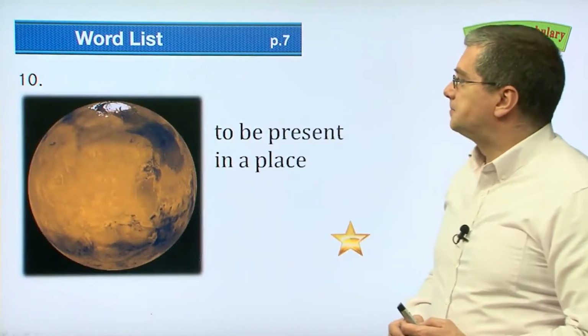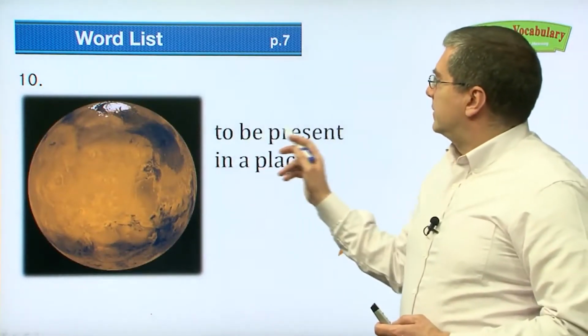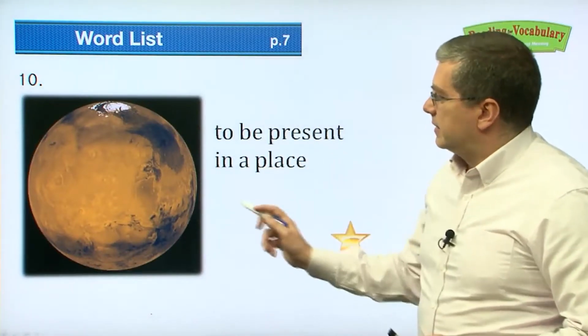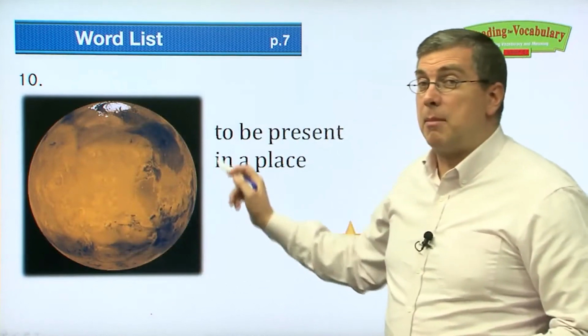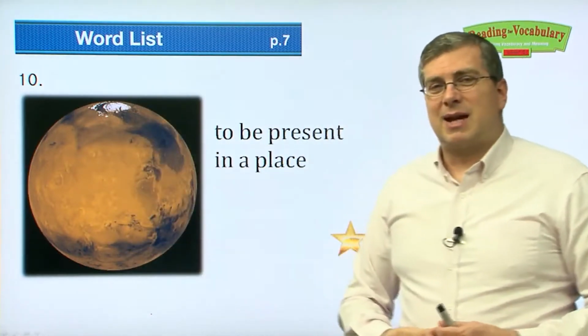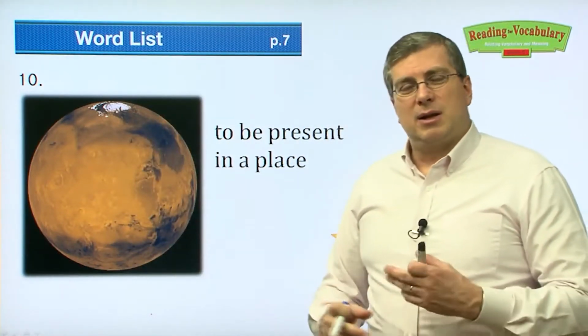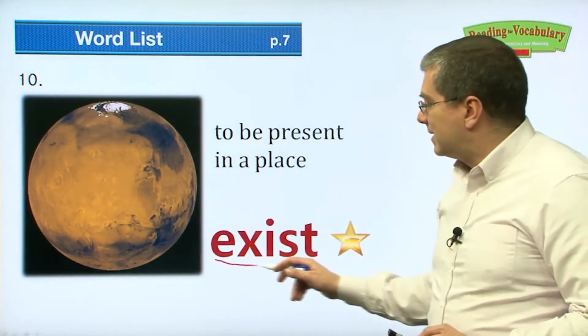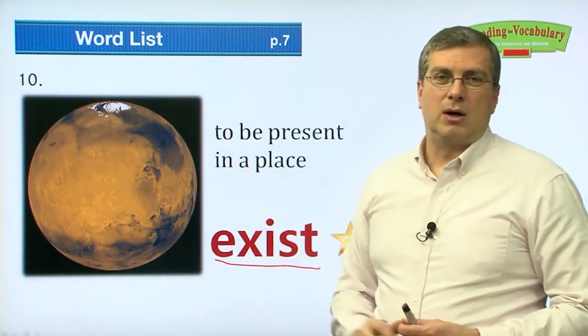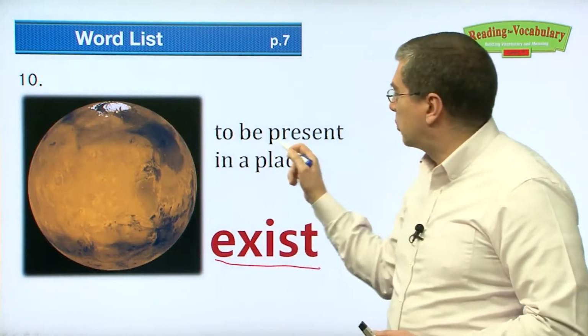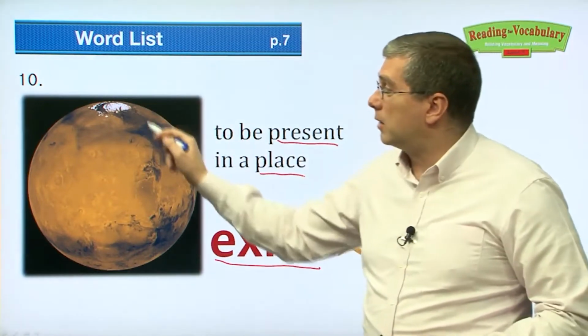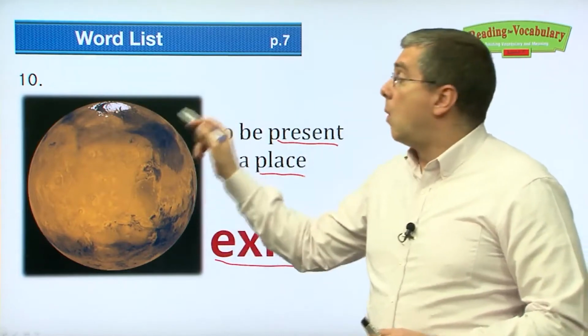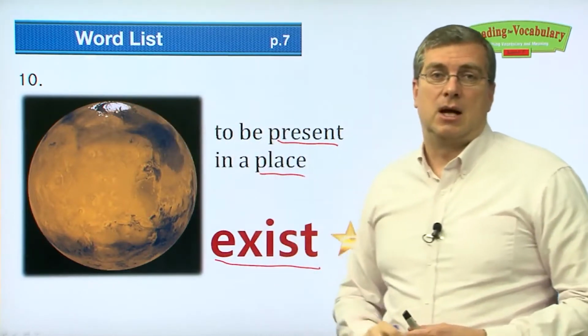Okay, next word. This one is to be present in a place. This is a picture. It looks like Mars. Of course, many scientists have been wondering if water exists on Mars. So if water is present in a place, like water is on Mars, then water exists on Mars.